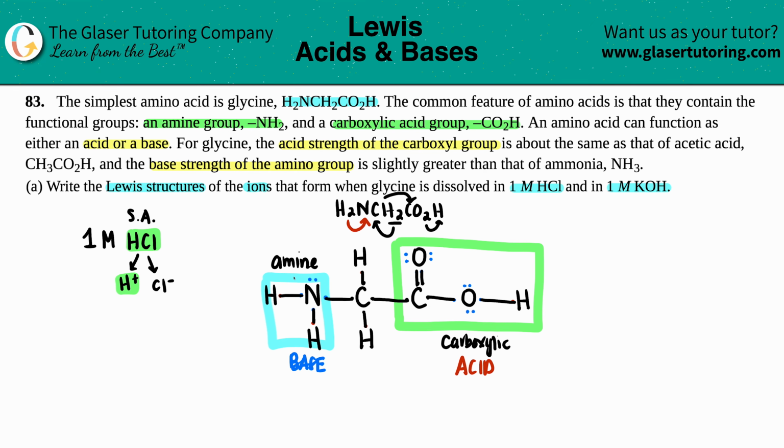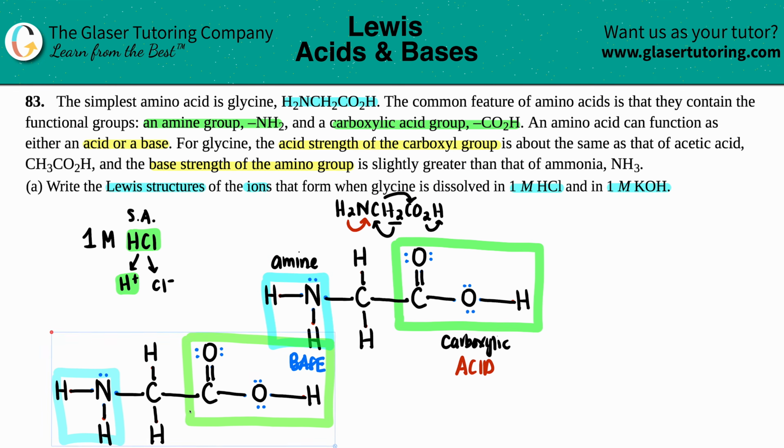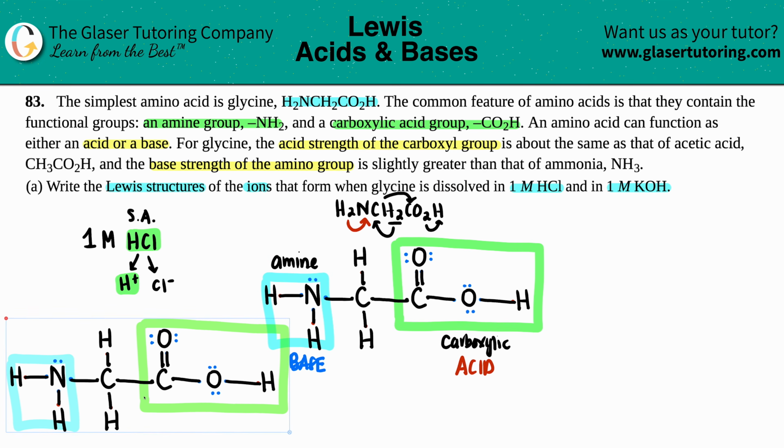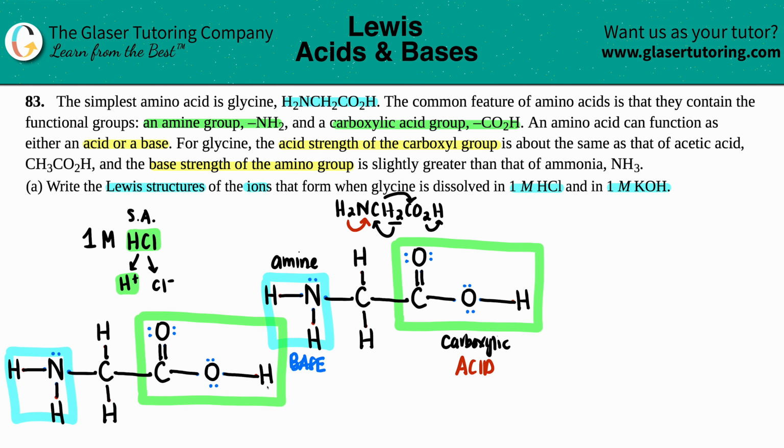So now what I'm going to do is copy this just to not waste time. I'm going to have those highlights there, but I will get rid of them. So we will get rid of this highlight and this highlight. And now we're just focusing on this.